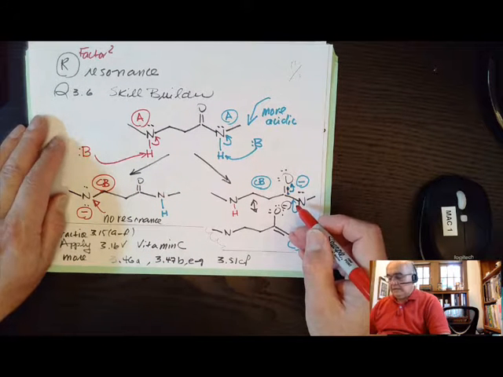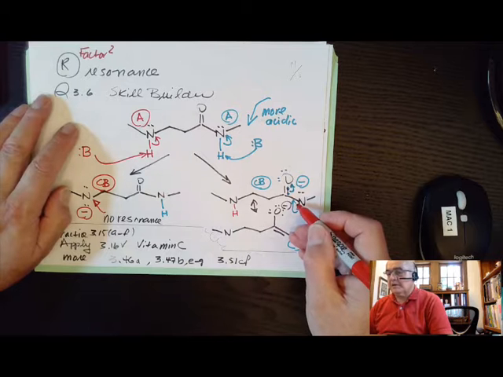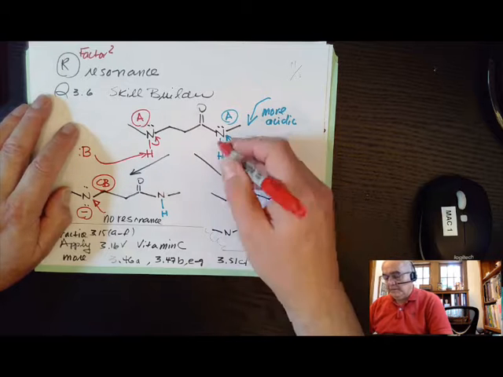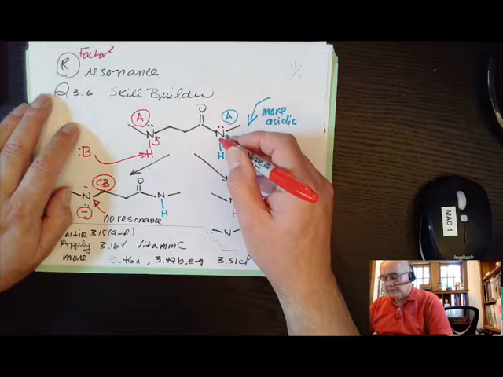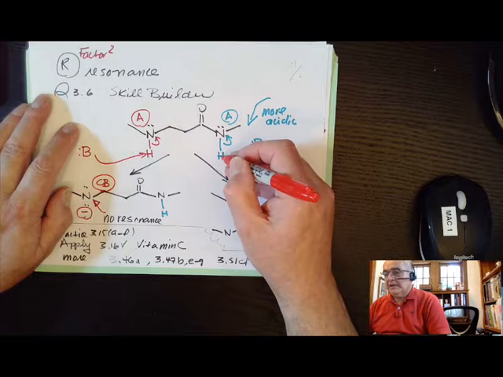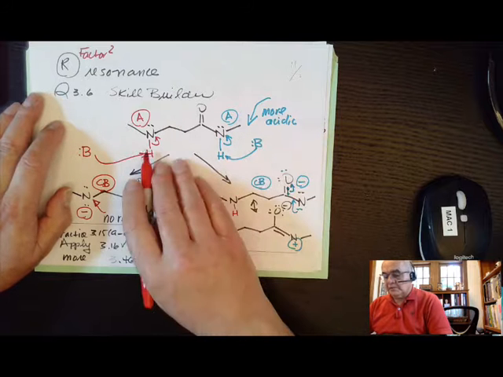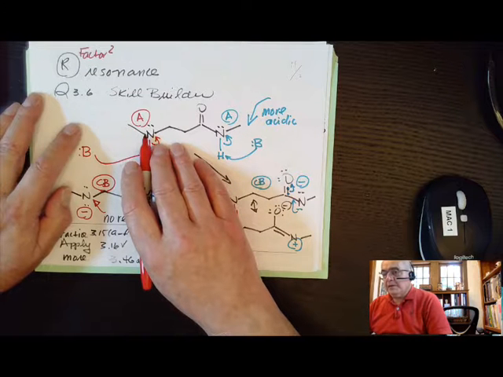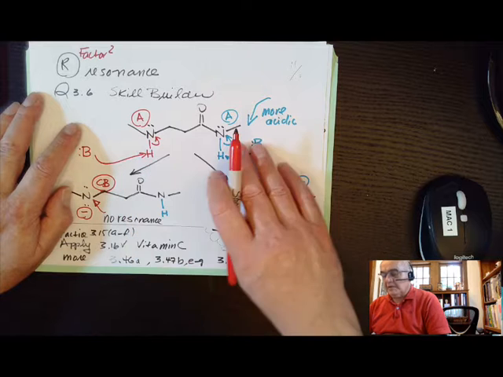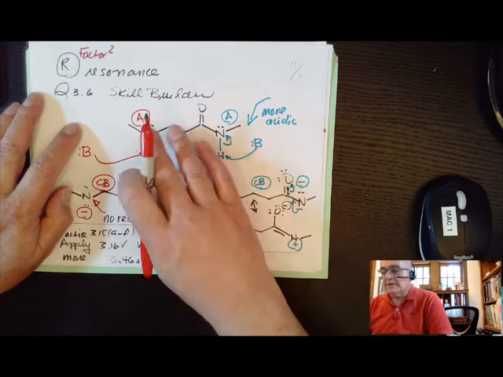Hence, the proton attached to the nitrogen of that acid is a little bit more acidic than the one attached to this nitrogen, because the conjugate base here has a resonance structure and the conjugate base here does not.